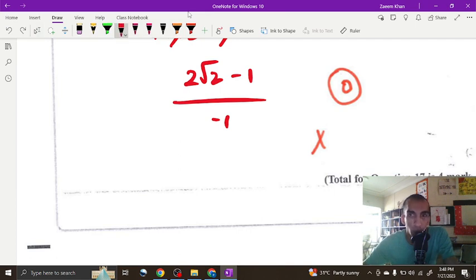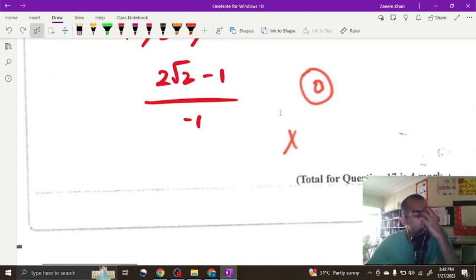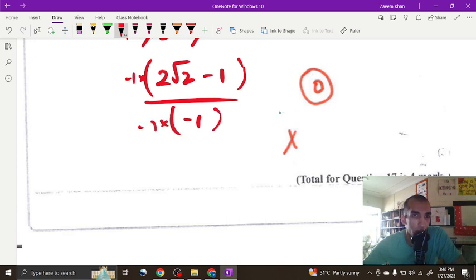Do you know the concept of equivalent fraction? If I multiply the numerator and the denominator by negative 1, I'll essentially be able to get rid of the negative sign in the denominator. The denominator will just become 1, and everything in the numerator would change their signs.